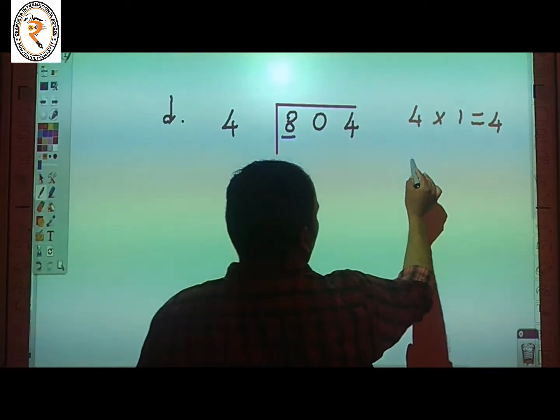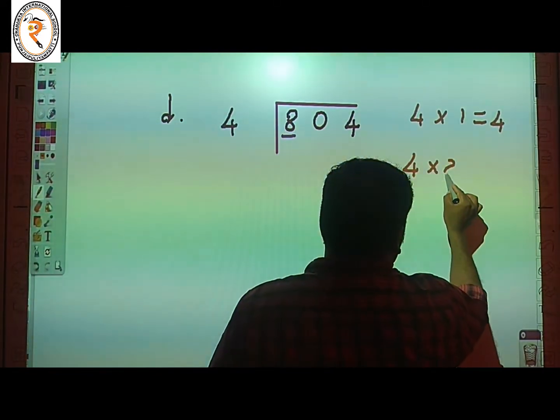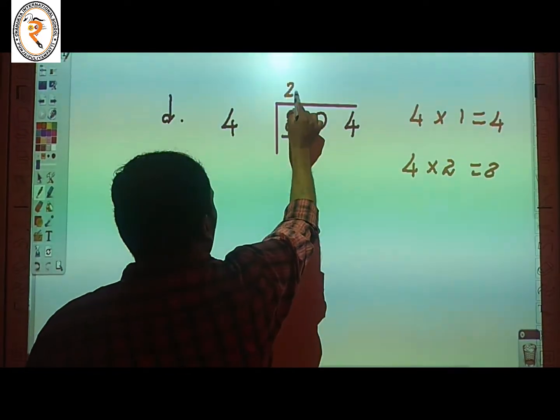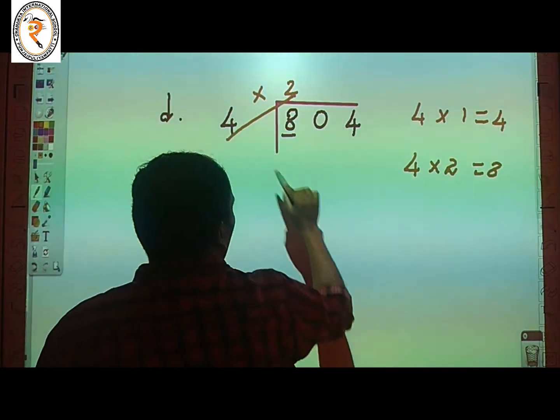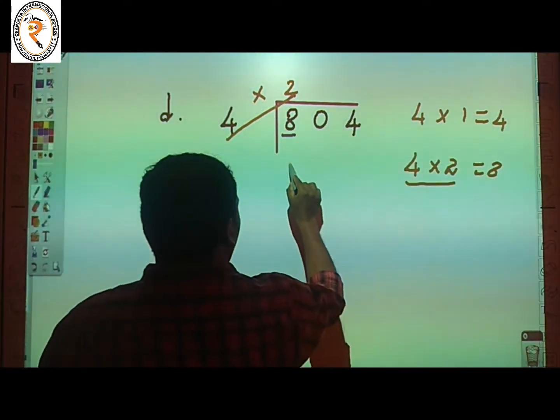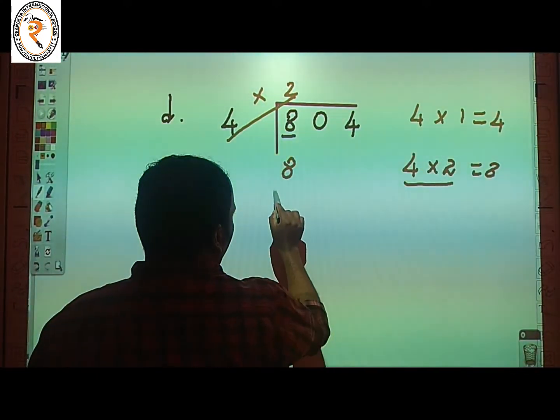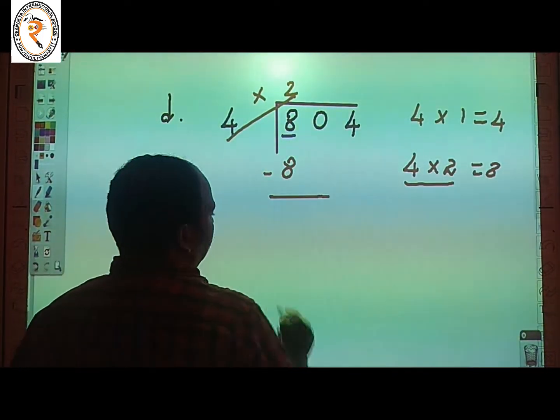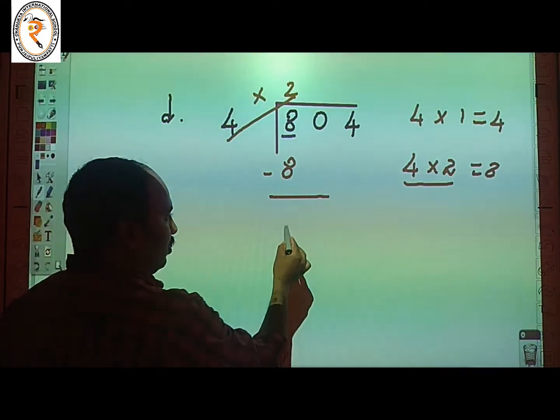We have 8, so up to 8: 4 twos are 8. 4 into 2 is equal to 8. Our dividend part is 8. 8 minus 8 is equal to 0.